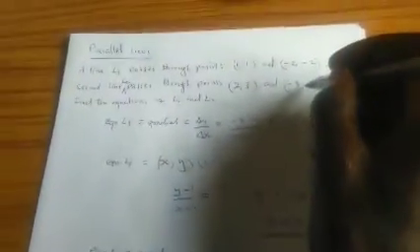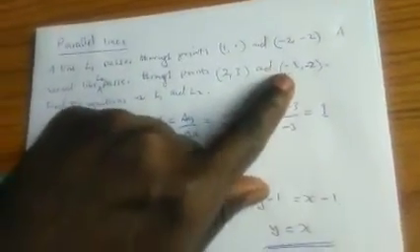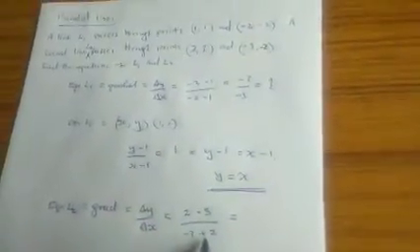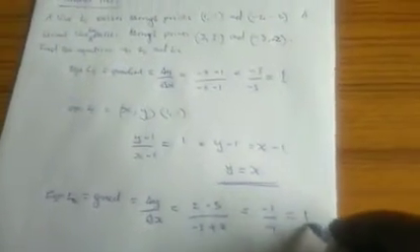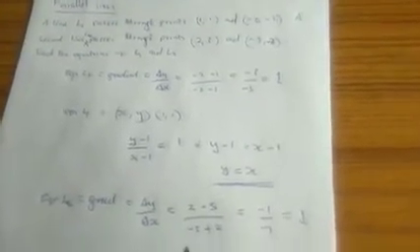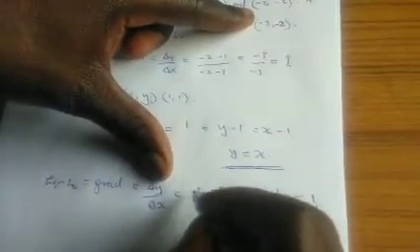This one was (-3, -2), not (-2, 3). The line L2 is passing through points (2, 3) and (-3, -2). So this is -3 minus 2, and that is -1 over -1, and that is 1.